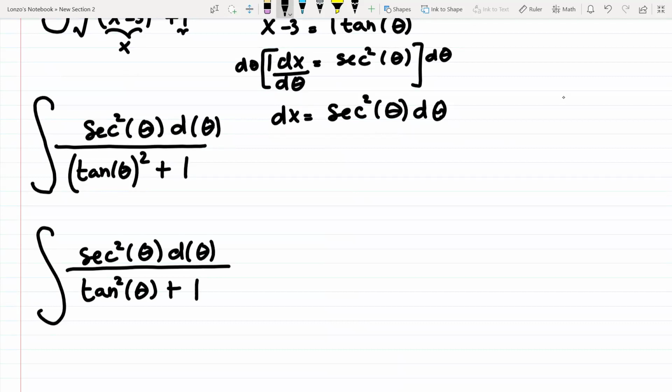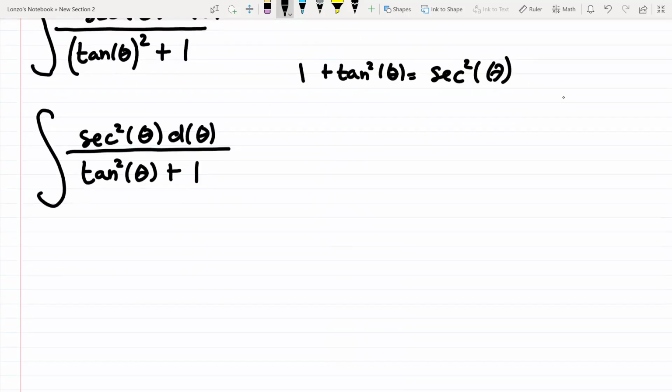Yes, we can substitute tan square theta plus 1 with what? It's related to your trig identity. So your trig identity would be 1 plus tan square theta equals secant square theta, right? So this is going to be secant square theta.